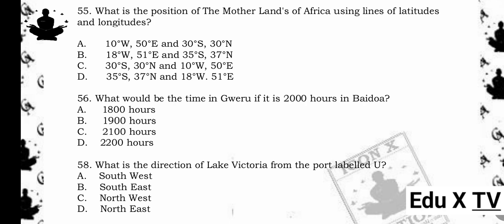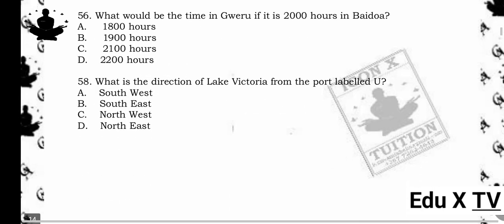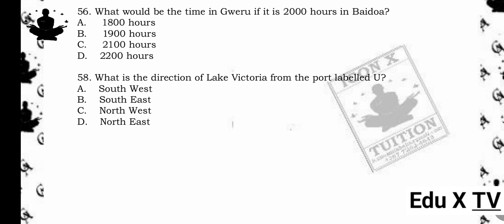D, 35 degrees south, 37 degrees north and 18 degrees west, 51 degrees east. The answer is C, 30 degrees south, 30 degrees north and 10 degrees west, 50 degrees east. Reason being, Africa lies roughly between 30 degrees north and 30 degrees south latitude, and 10 degrees west to 50 degrees east longitude.